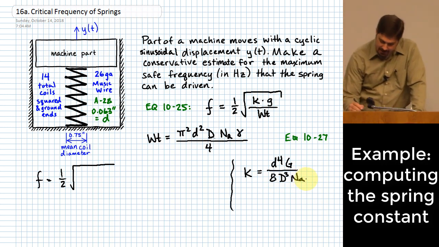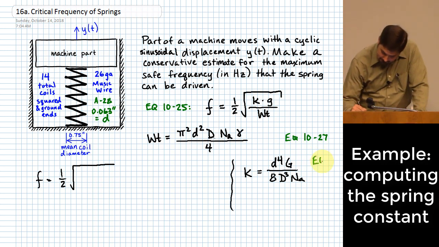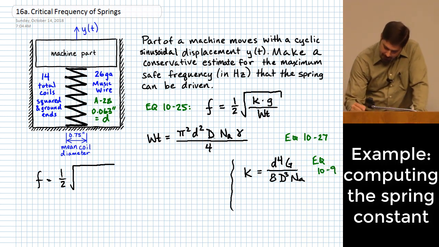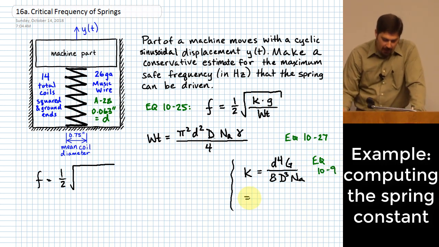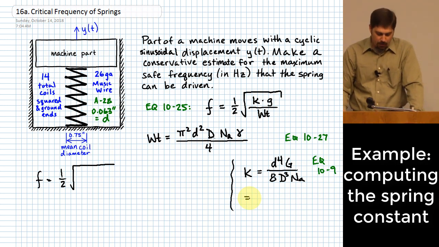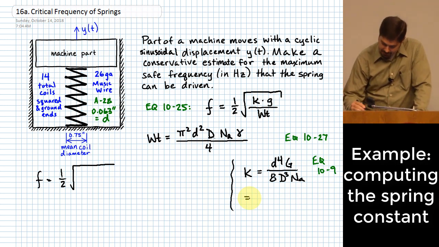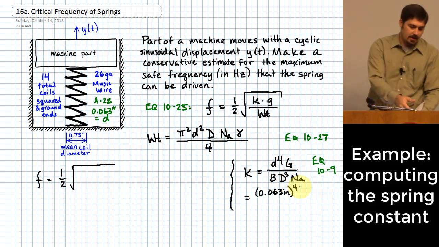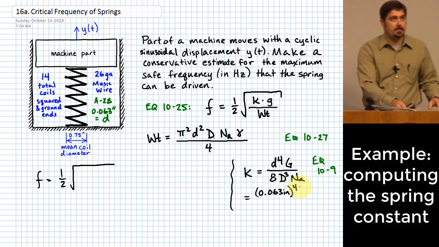This is equation 10-9. Okay, so I already mentioned that the wire diameter that we have here is 0.063 inches. Where do we get the elastic modulus, or this is actually the modulus of rigidity, excuse me, modulus of rigidity G?